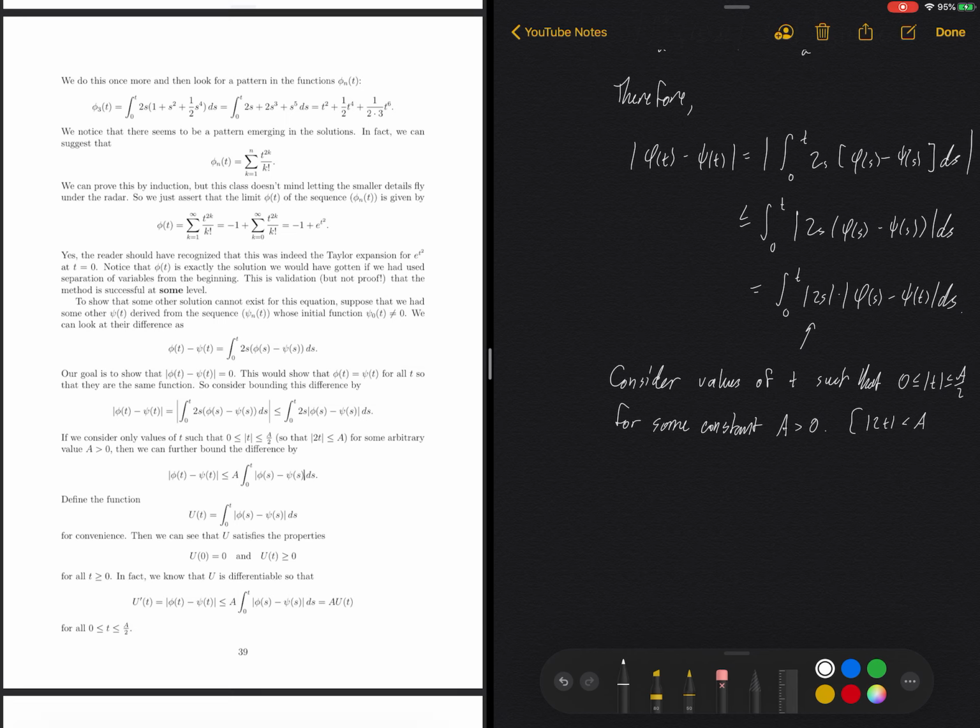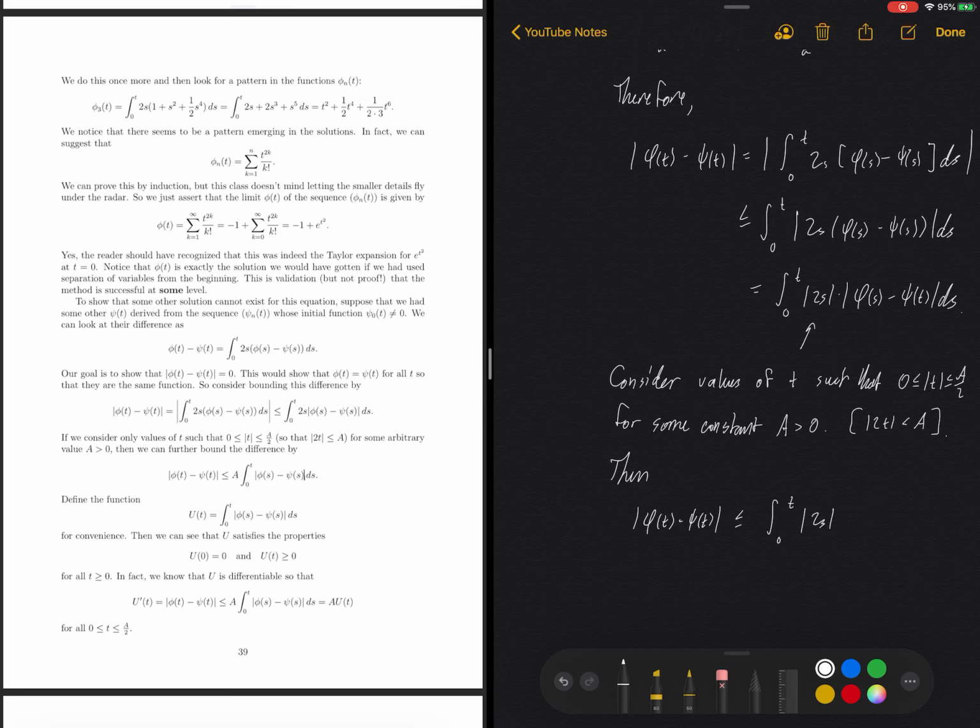Okay, and we can do that. It's really not too far-fetched here. We can go ahead and specify whatever constant a we want, and that would show us that 2t is going to be less than that constant a if we take t small enough.